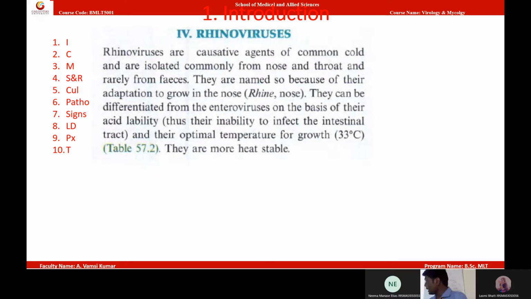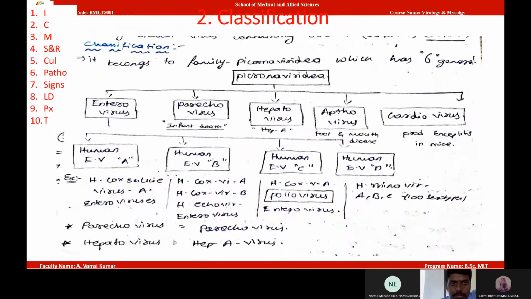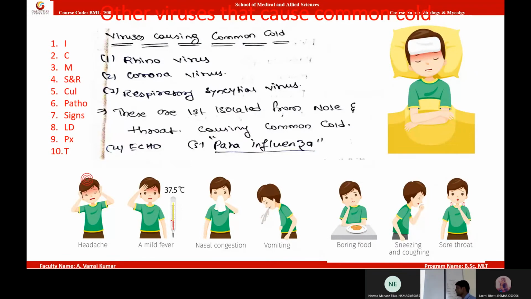Other than rhinovirus, we have other viruses that will cause common cold. I will tell those viruses also. So write a side heading: viruses causing common cold.